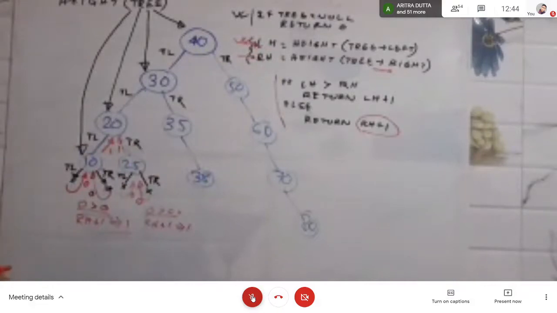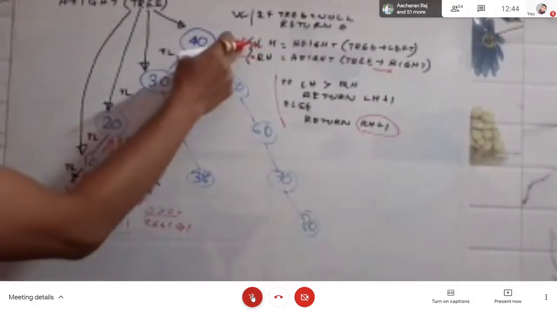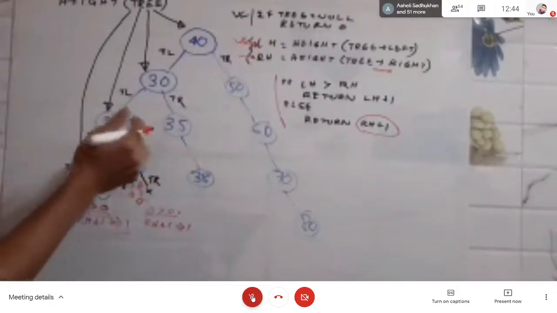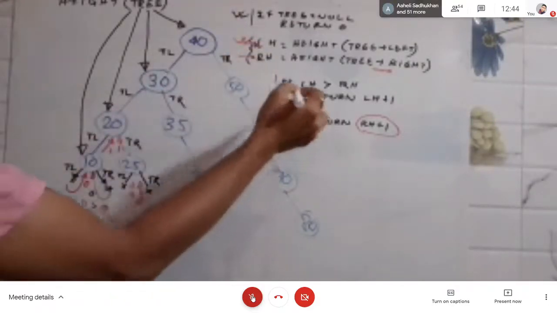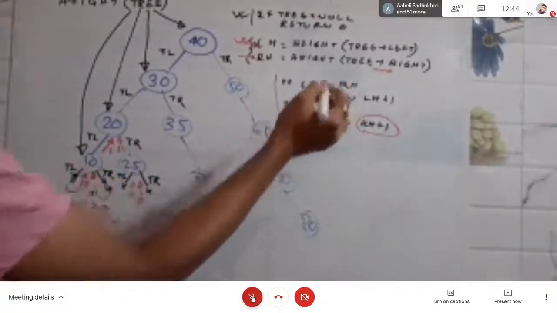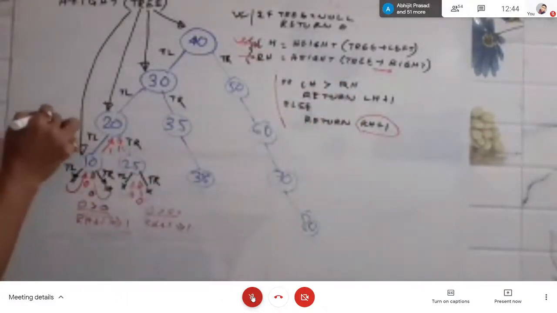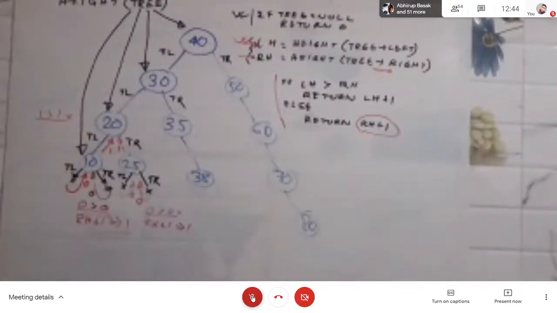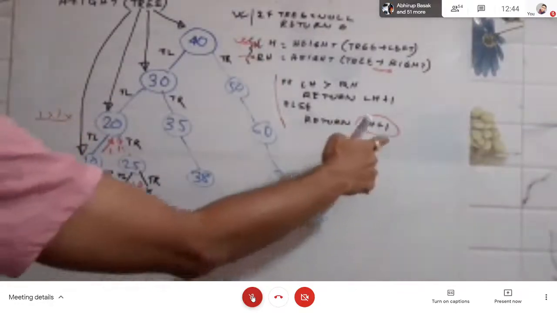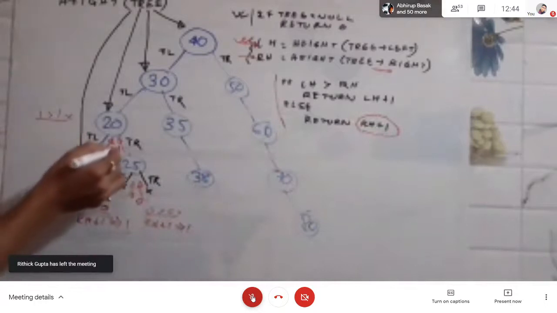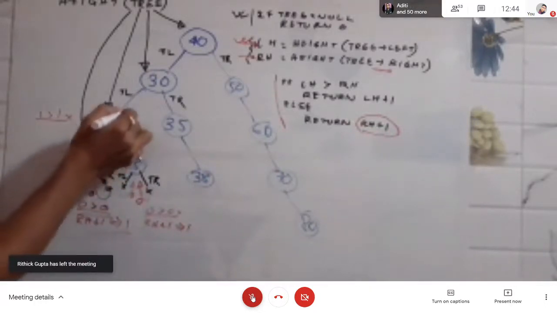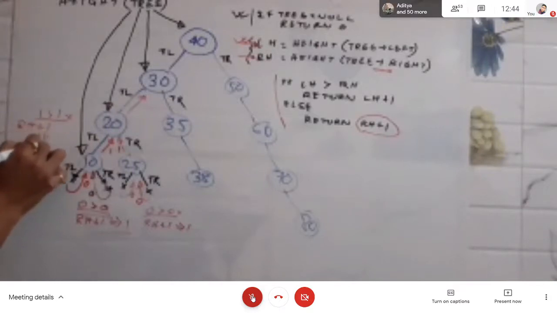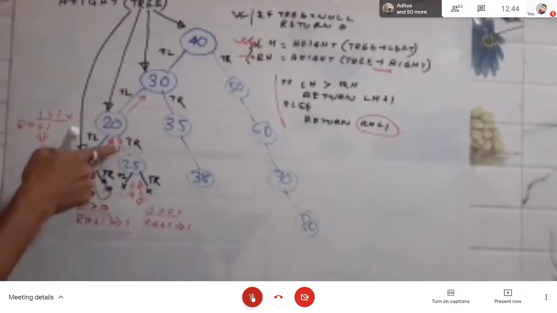Now again, sitting at 20, we compare whether LH is greater than RH, that is, 1 is greater than 1. No, because 1 is equal to 1. Then it will return RH plus 1. RH is 1, so RH plus 1 is 2.